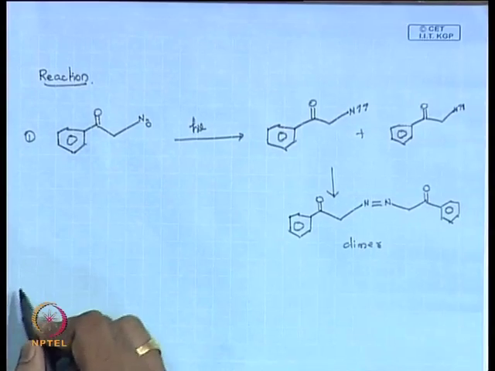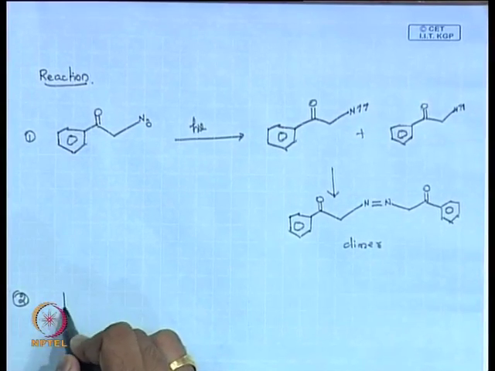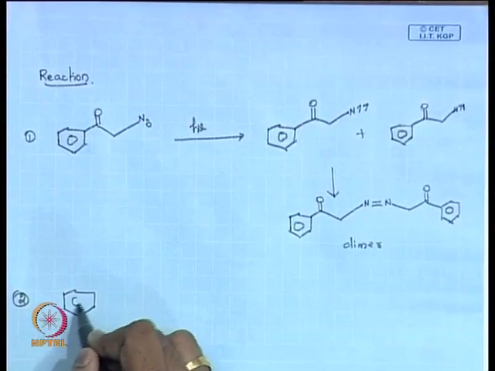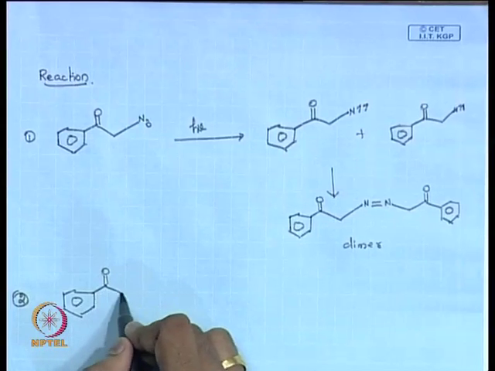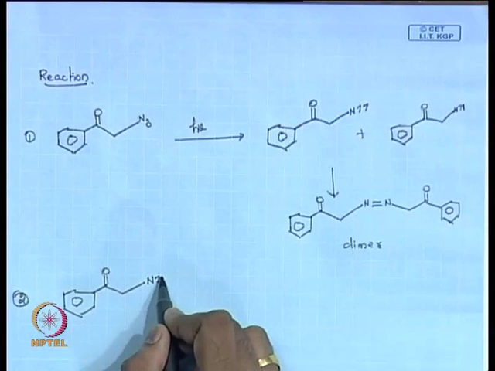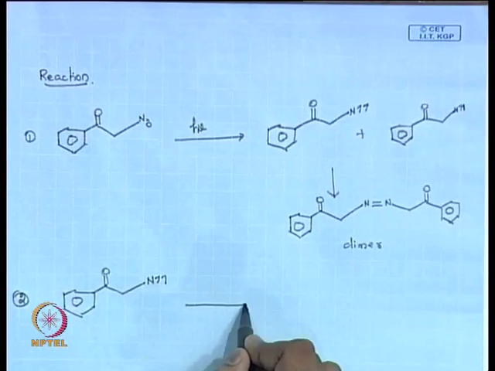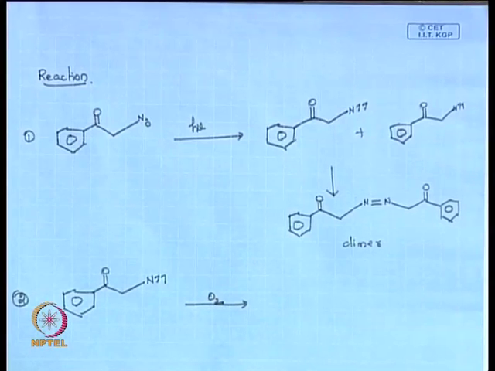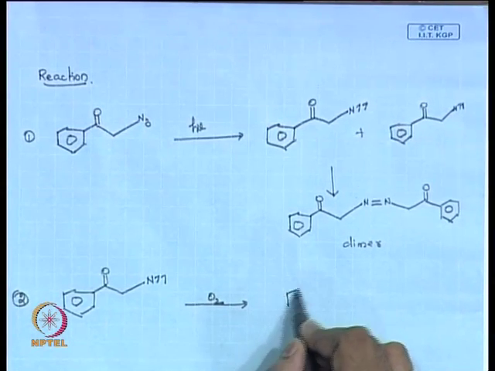Another important reaction triplet nitrene does, any guess? If I treat it with oxygen, what will happen? Because oxygen is triplet in the ground state and my nitrene is also triplet, they can react, so you end up with nitro compounds.